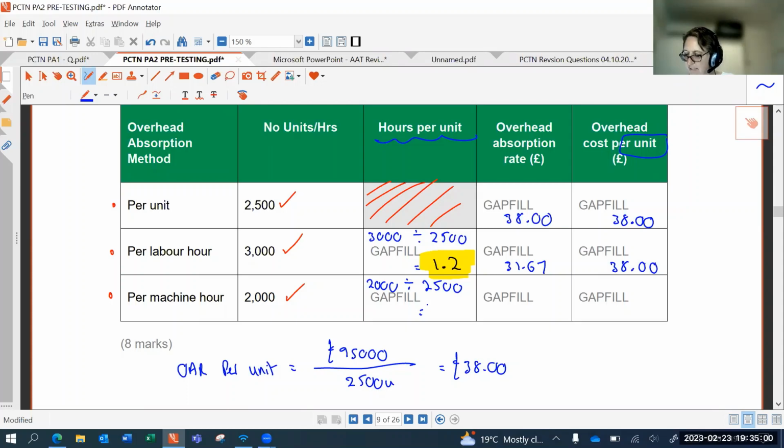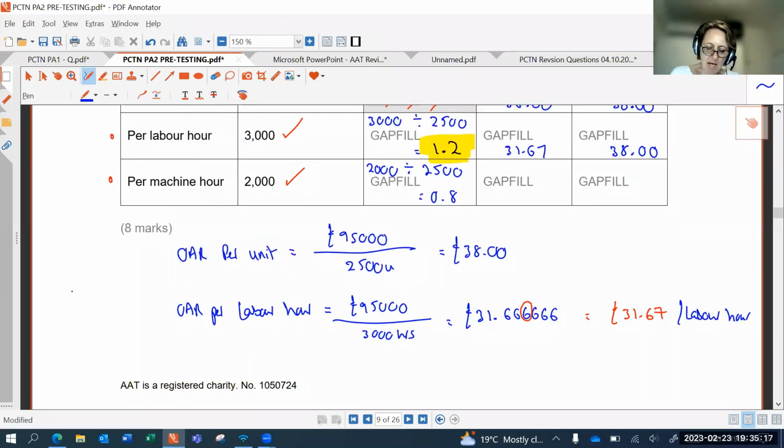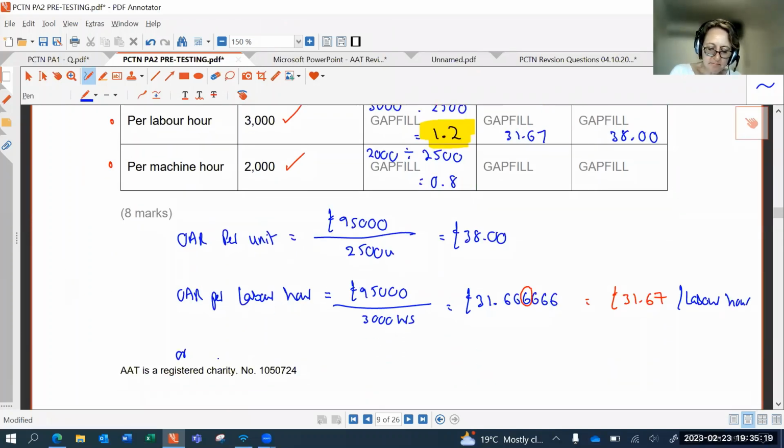Let's see how long it takes in terms of machine time. And the answer is it doesn't even need a whole hour. We're talking about 0.8 of an hour. So it actually spends less than an hour getting machined, our product. What about its OAR? Well, we'll work that out in the same way that we worked out all the others so far. Taking exactly the same amount of overhead, but this time sharing it over the machine hours.